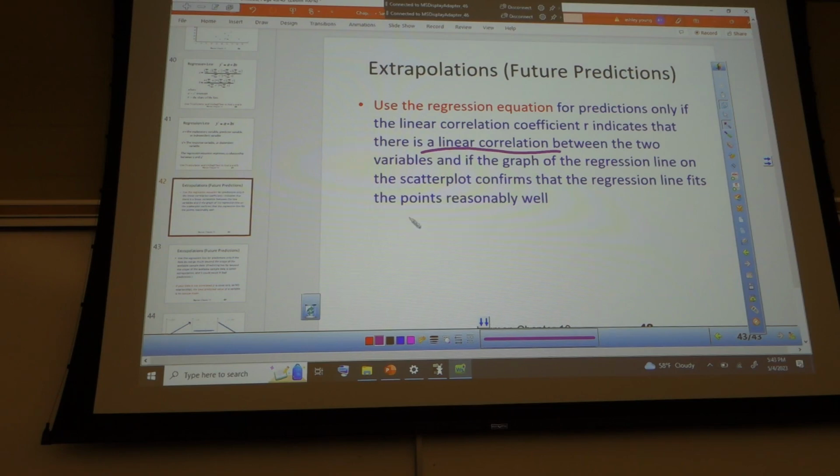So in other words, if I reject H naught, my p-value is what? Small or large? Small p-value. Then it is a line.